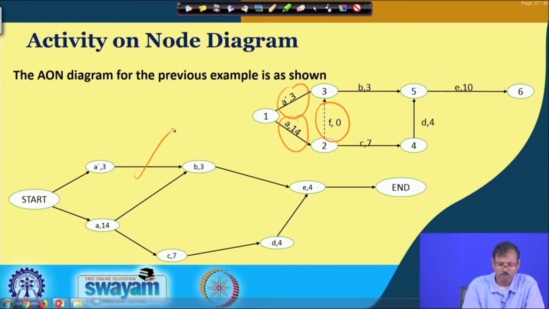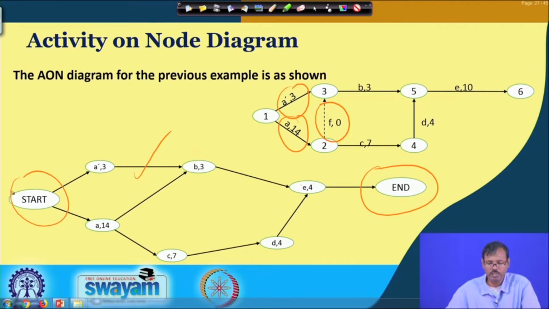Okay. So, you can see this is the C D E ends. These two start and end are required for terminating these projects, but here dummy jobs are required, here dummy jobs are not required.